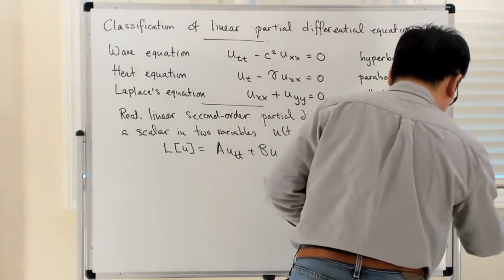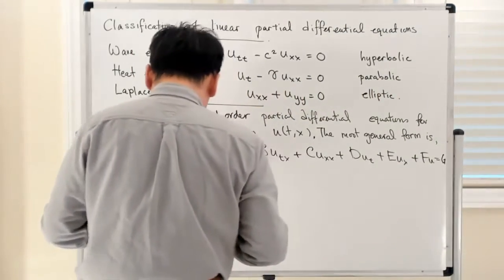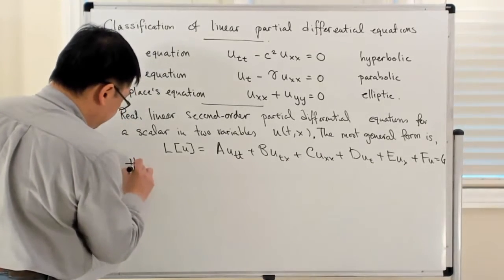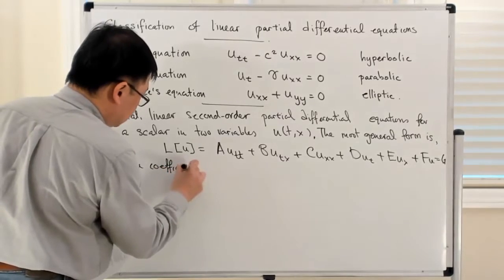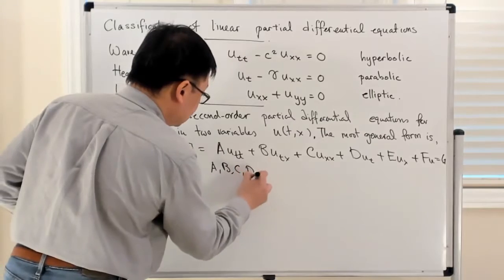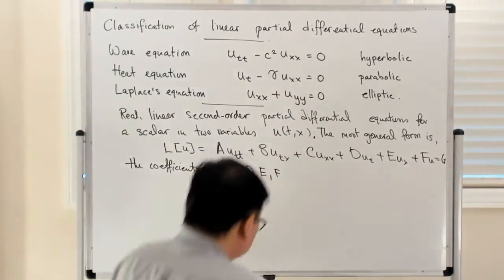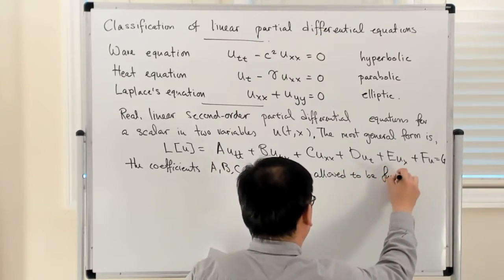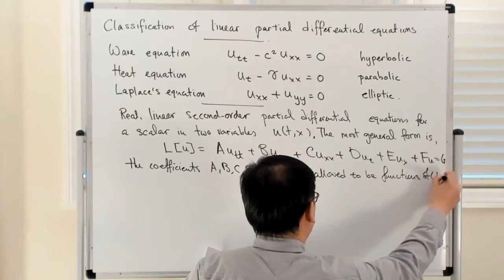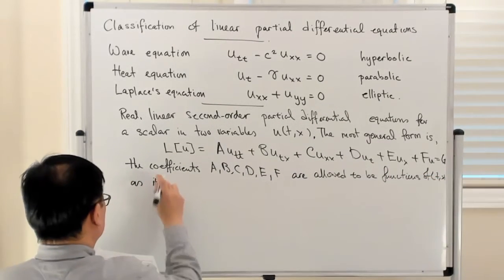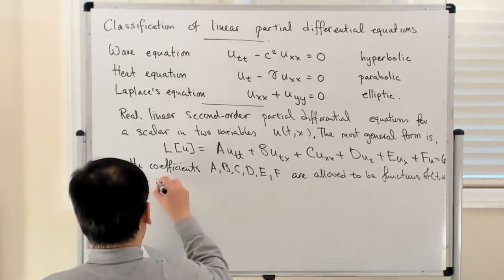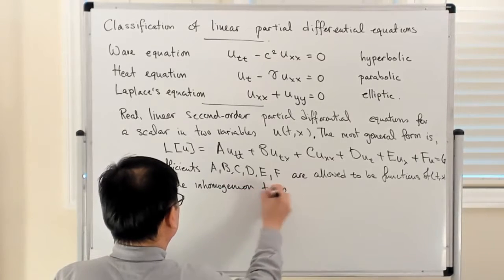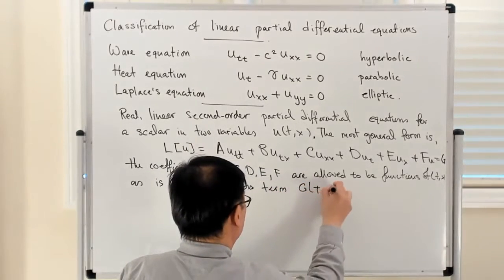Oh, it's actually equal to g. So the coefficients a, b, c, d, e, and f are allowed to be functions of t and x, as is the inhomogeneous term, which is g, again a function of t and x in general.